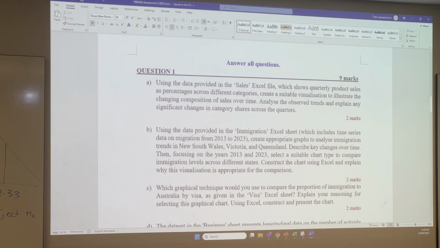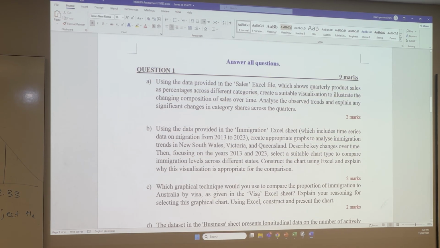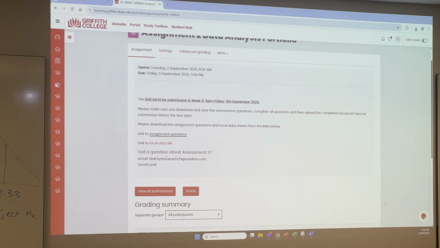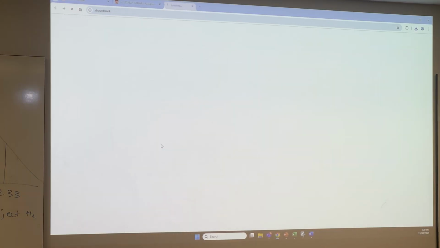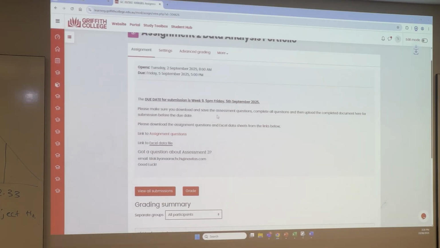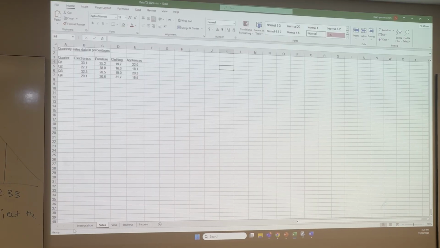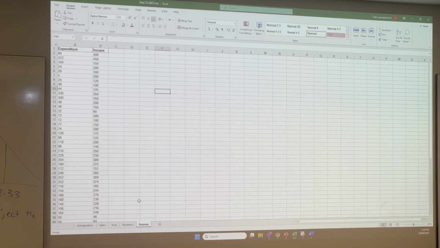So the first question is you need to use data provided in sales Excel, immigration Excel, visa, business. So where do you get the data for the first question? If you go to this link, you get the Excel file. This is your immigration, sales, visa, business, income. Okay, that's the data you should be using for your assignment.